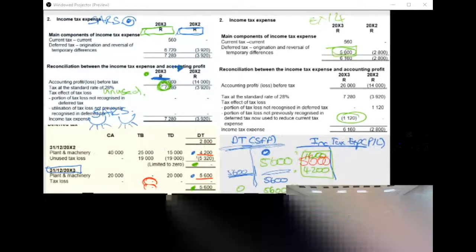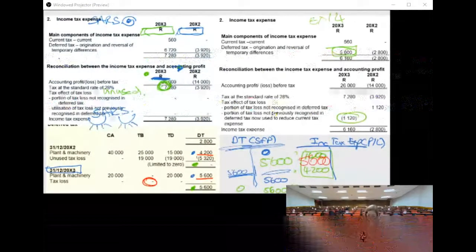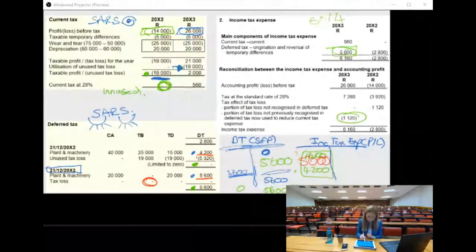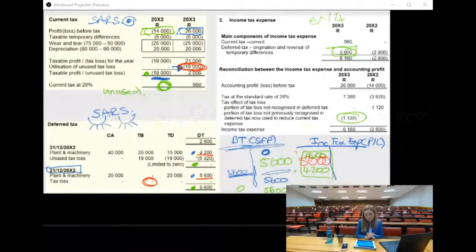There will not be a tax base because we have used the full 19,000 tax loss. So at the end of 20x3, there's no tax loss anymore. There's nothing to carry forward to the next year. That's why our tax base in 20x3 is 0. No future deductions that we are going to get.